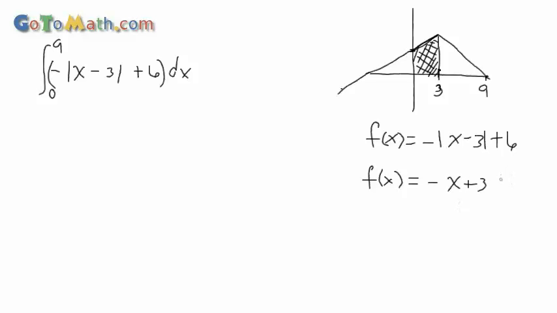And then you have the plus 6 over here. Okay, so we end up with negative x plus 9. Now this is a part of the f of x, and you notice this has negative slope and it crosses at 9 up here. We'll say this is 9 right here.